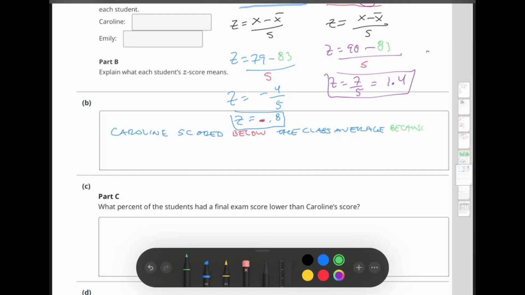Because, that's my explain word, because of a negative z-score.